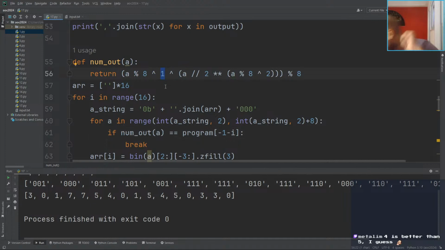Maybe I have to work it out again. I don't know how many things we need to bracket here. Let's bracket this.